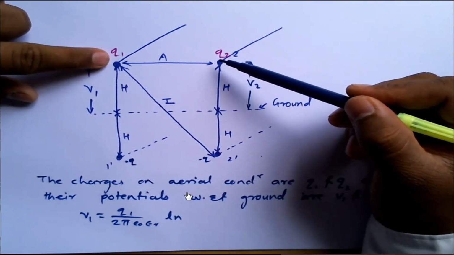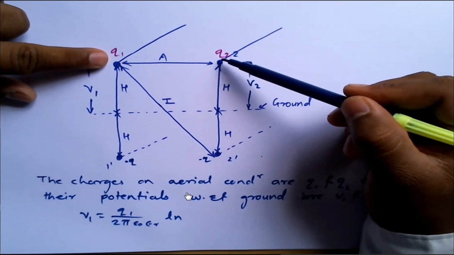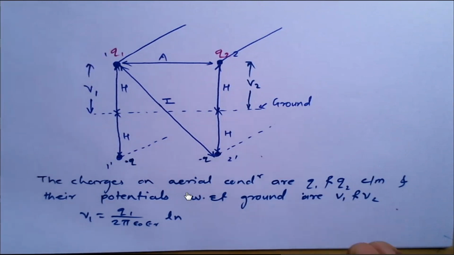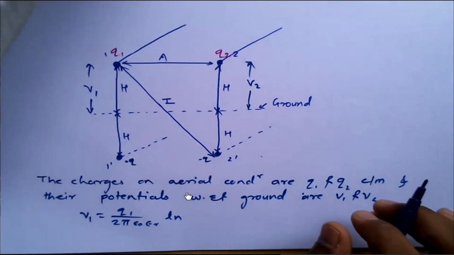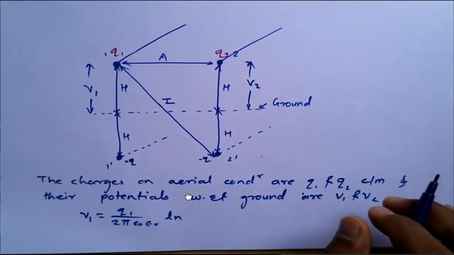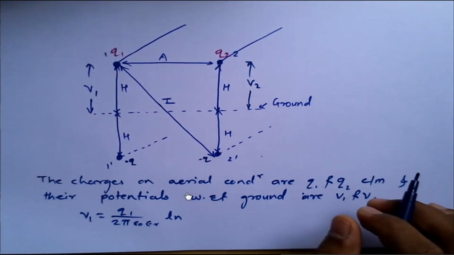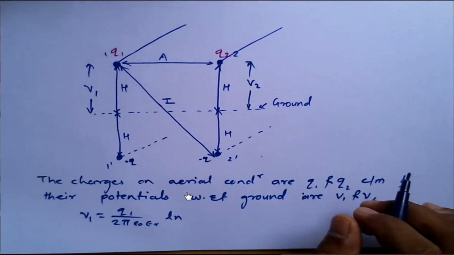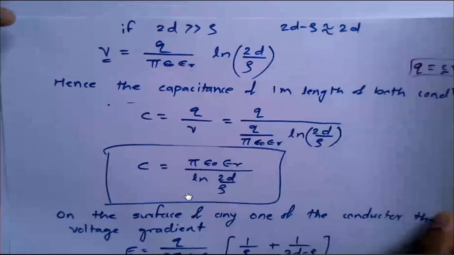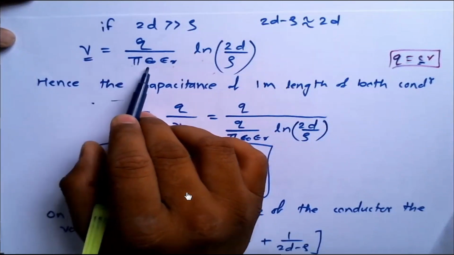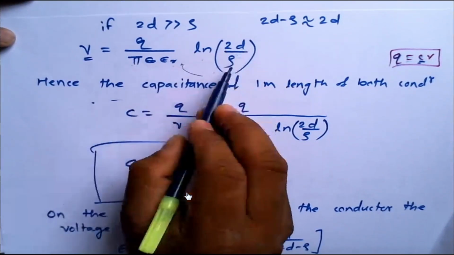That is, the potential due to Q1 plus that due to Q2. So what will be the potential due to Q1? You know the formula for potential. In the previous lecture we have derived the formula. I will show it to you. See, phi is equal to Q upon pi epsilon 0 epsilon r ln of 2d upon rho.